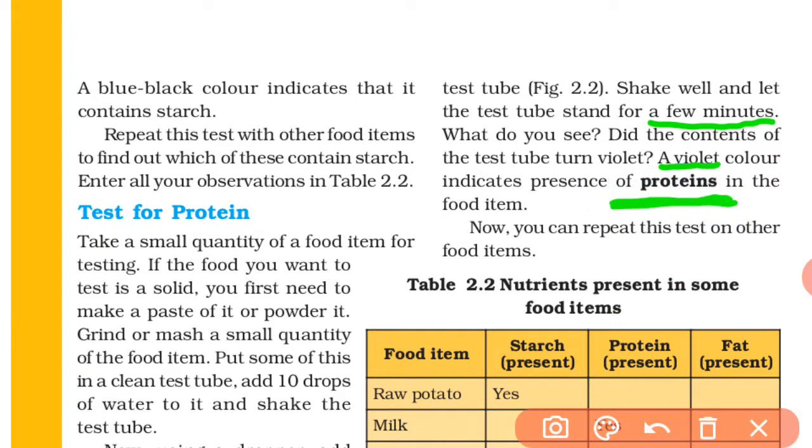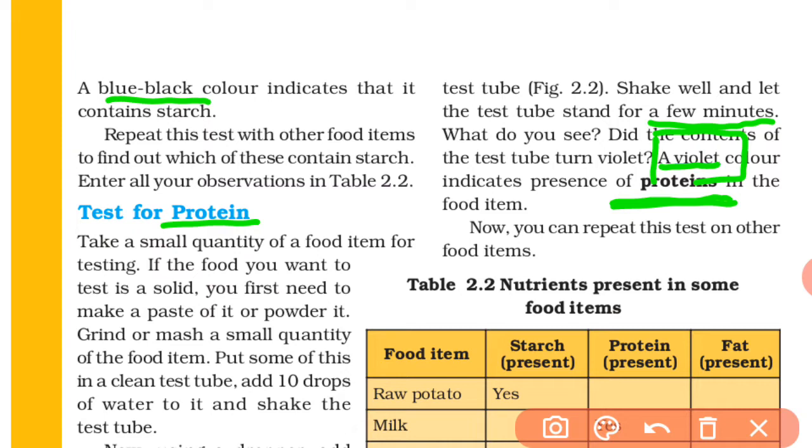The color should be violet. In the test for protein, the violet color is there. And which color was there in the case of starch? It was bluish black. So don't be confused.